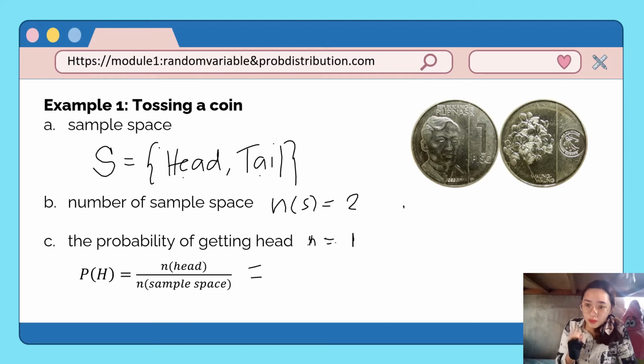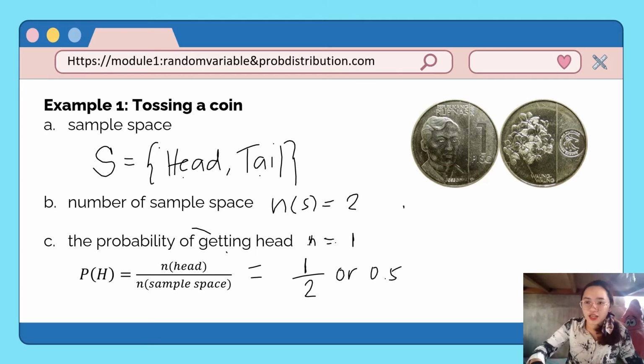So, to get the probability of getting head, kung matatandaan niyo yung formula natin of getting a probability of an event, that is P of an event is equal to the number of outcome over the number of sample space. So, in this case, yung sample outcome natin is head, which is isang beses lang, while the number of sample space is 2. So, ang probability natin is 1/2, or that is 0.5.